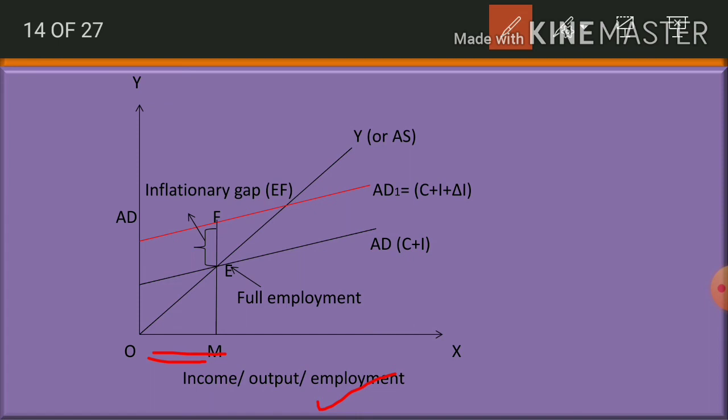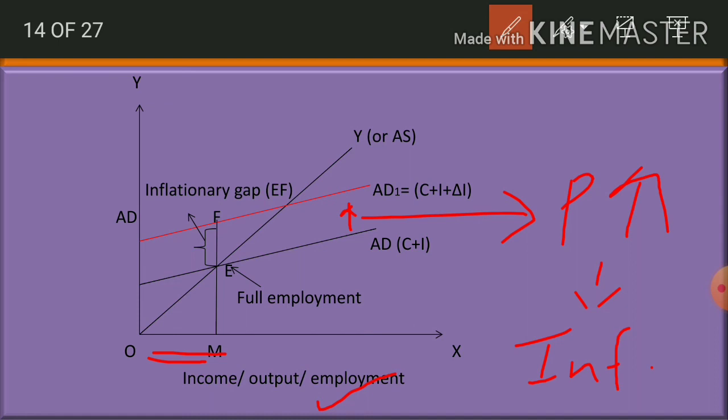But as we know, because of this gap, prices of the commodities will increase, which will lead to inflation in the economy. That simply means that the price level in the economy will be increased.